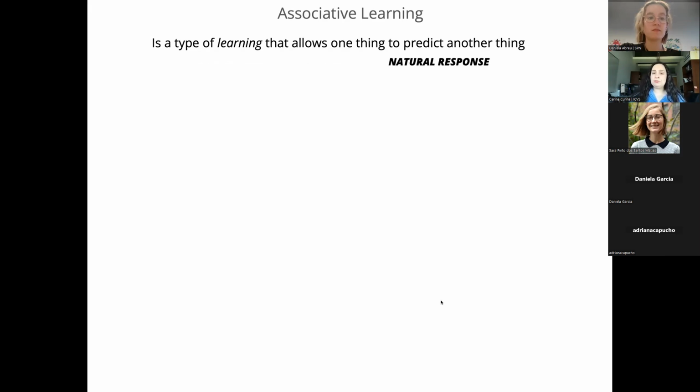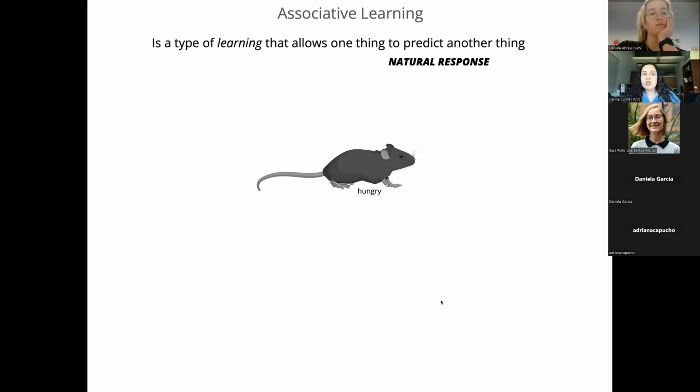Initially, individuals will basically have natural responses to everything that surrounds them. I'll give you a very simple example: a mouse can be in nature or in your house. If it's hungry, it will try to forage and look for food, and eventually, if it finds food, it will consume it.